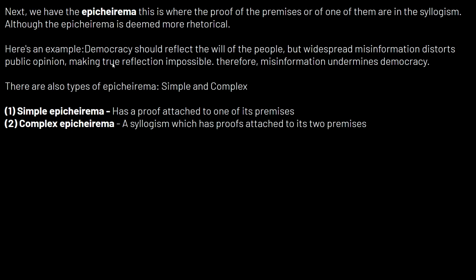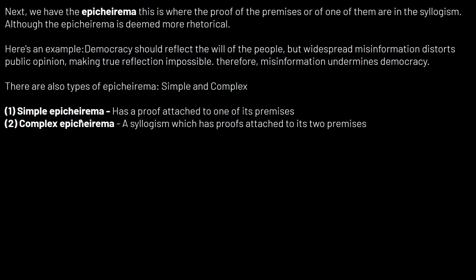But here's an example. Democracy should reflect the will of the people, but widespread misinformation distorts public opinion, making true reflection impossible. Therefore, misinformation undermines democracy. And this is probably the most common form of demonstration out there. You hear it a lot. But there are also types of epikyrema, that is, simple and complex.